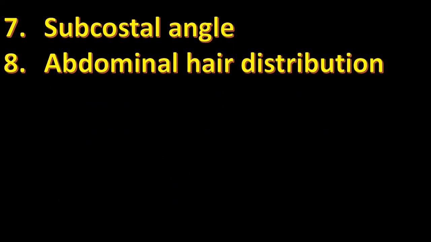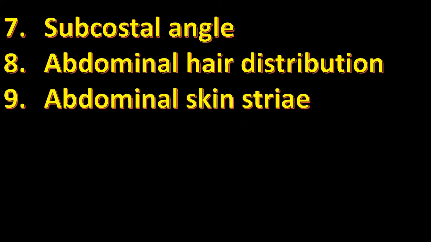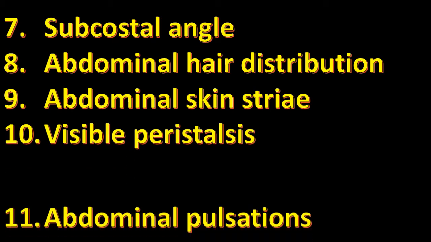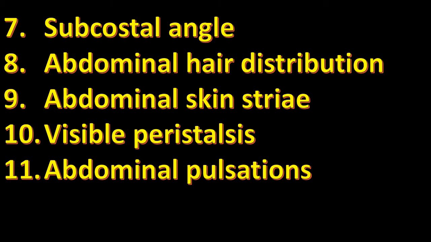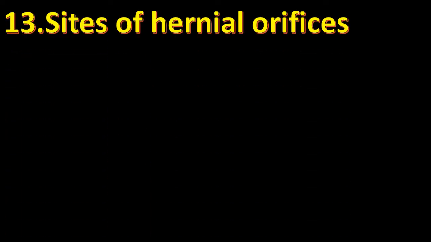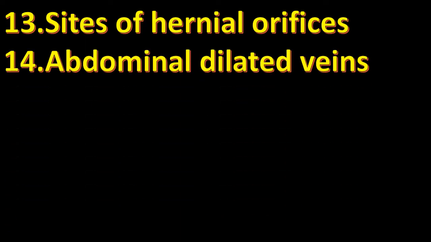abdominal hair distribution, abdominal skin striae, visible peristalsis, abdominal pulsations, divarication of the recti, sites of hernial orifices, abdominal dilated veins, and this was done by a special video for abdominal dilated veins.